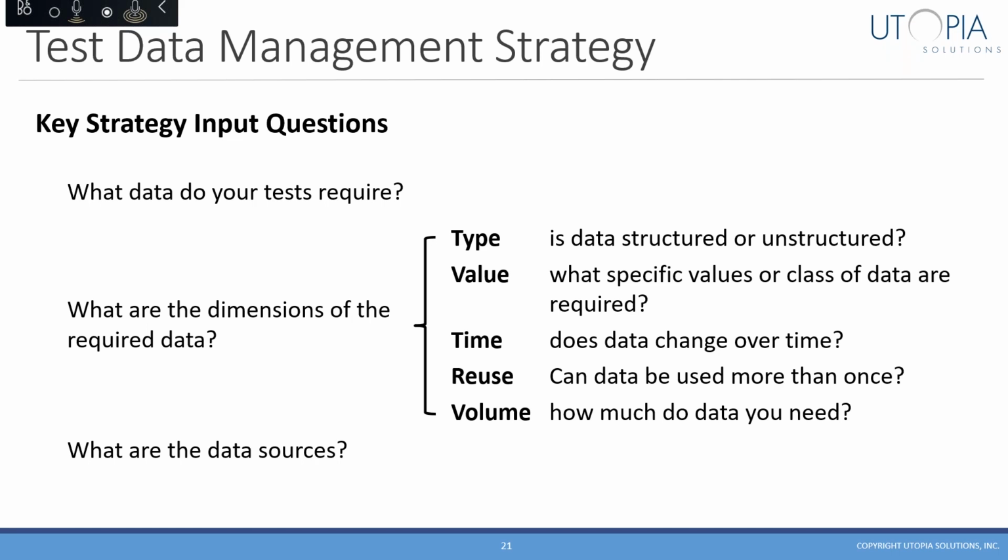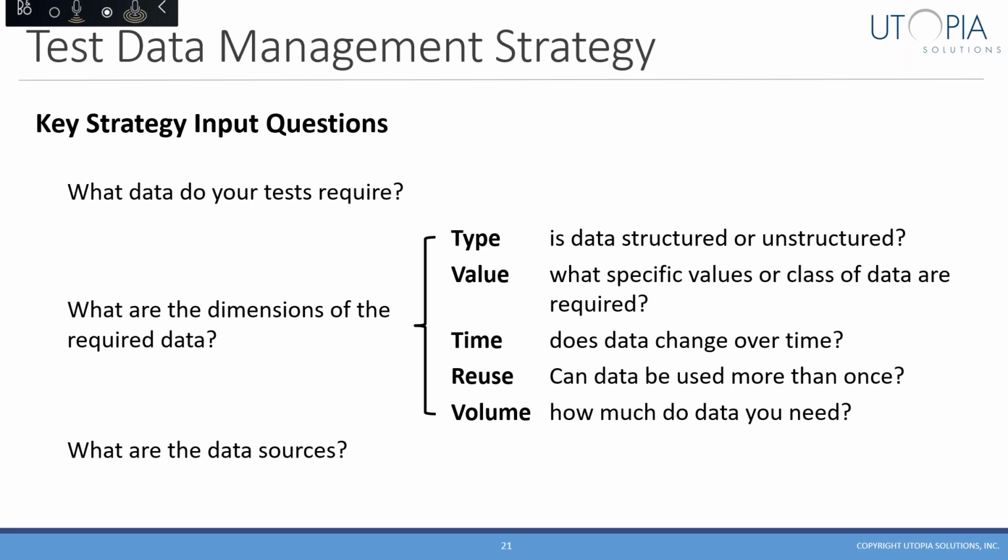Volume is another important aspect. And this almost always comes into play for something like load testing or multi-user testing, right? Maybe we need a number of user accounts to spread across our concurrent users. But I think there's also some subtleties here as well. Sometimes you need a specific data value to represent some volume. So think about a level of inventory for a SKU or some level of available credit for an account.